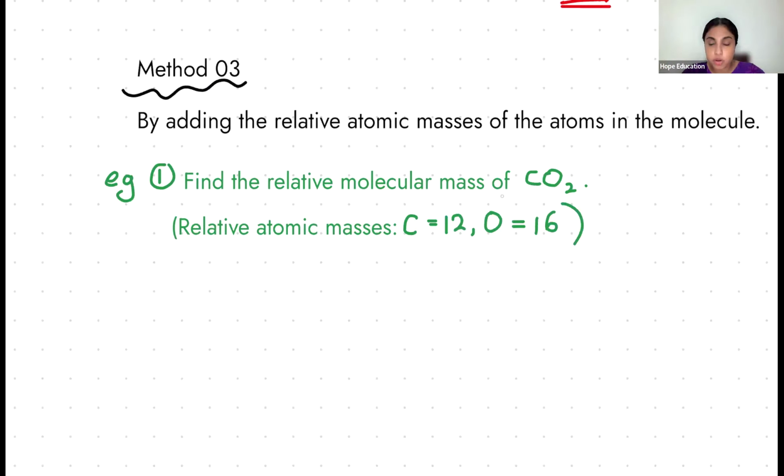I'm not giving you the mass of a molecule of carbon dioxide, the mass of the carbon-12 isotope, or the value of the atomic mass unit. Instead, since I asked you to find the relative molecular mass of carbon dioxide, I give only the relative atomic masses of carbon and oxygen. Now how do we find the relative molecular mass? Look at this very carefully.